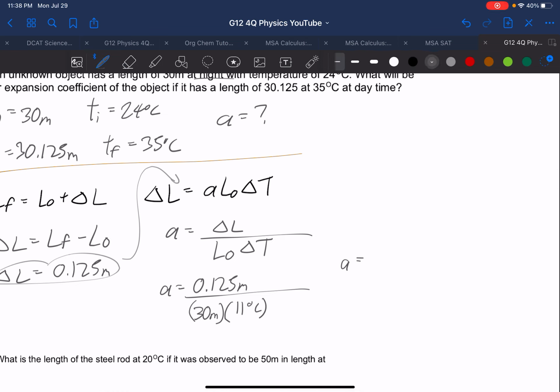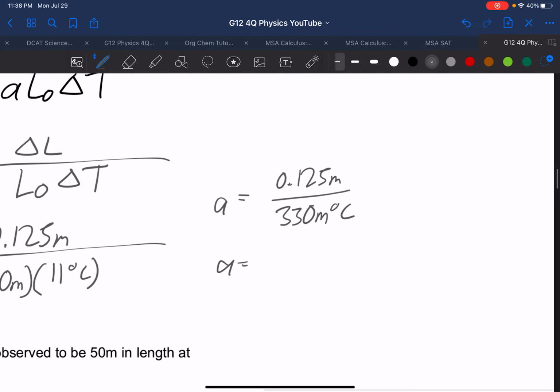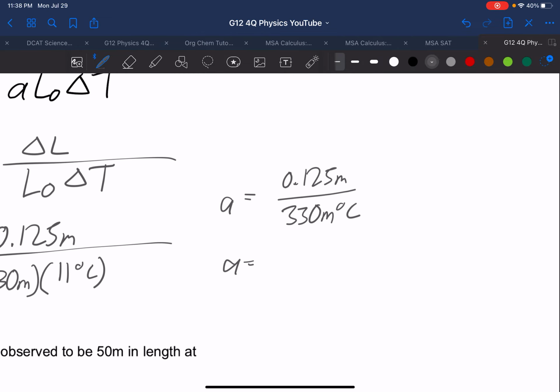Times 11, what is the answer? 330. Okay, 0.00038787. Just say 88 over degrees Celsius.